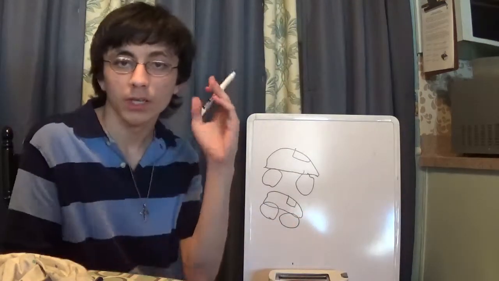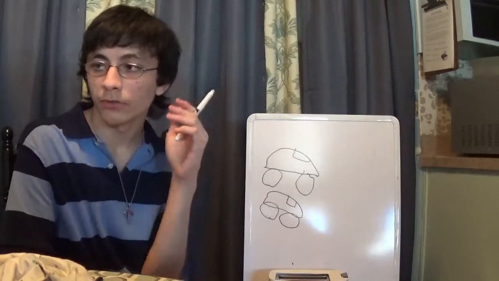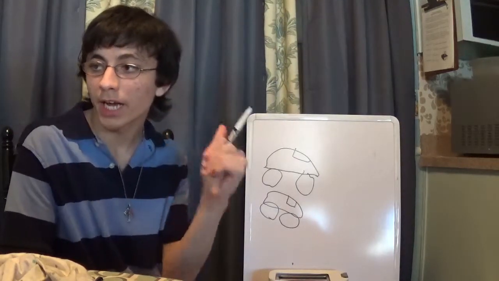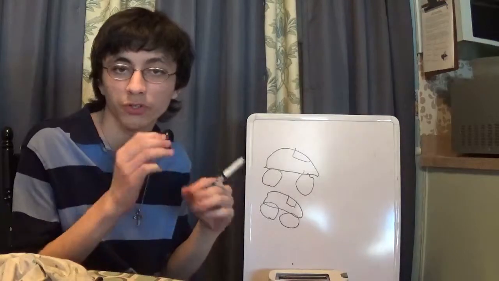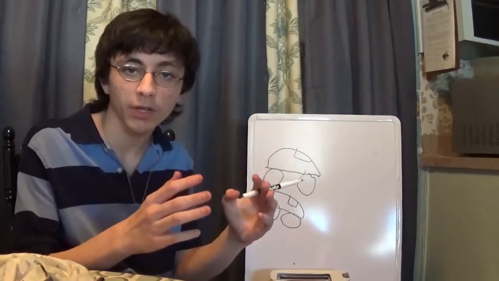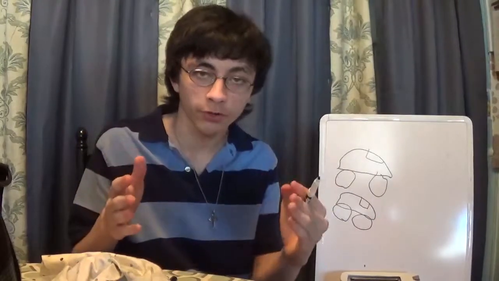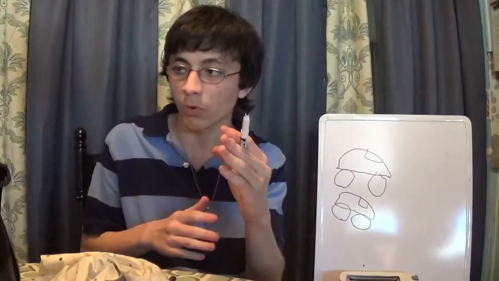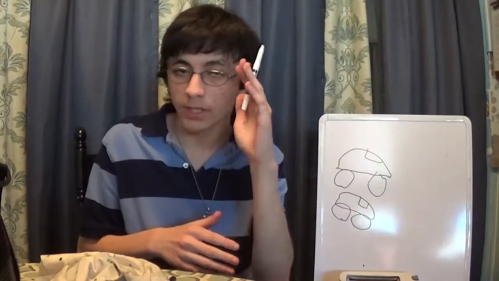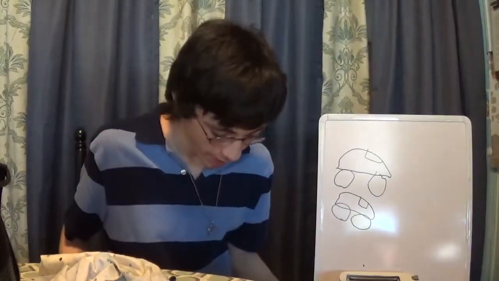Now, law number three is when an object exerts force on a second object, the second object exerts the exact same force onto the first object. For the example, say that you sit on a chair, like how I'm doing right now.